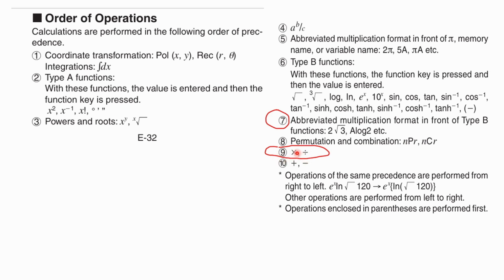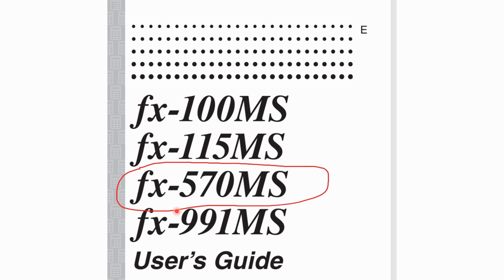Then you have explicit multiplication, explicit division, right? Well, I guess there's no such thing as implicit division, but your multiplication division is here, but notice that they're giving a higher precedence to implicit multiplication, like 2 times the square root of 3, right? This is implied. There's no multiplication symbol here, or a log 2, etc. So they're giving higher precedence to implied multiplication. So that's why that calculator gives you an answer of 1.